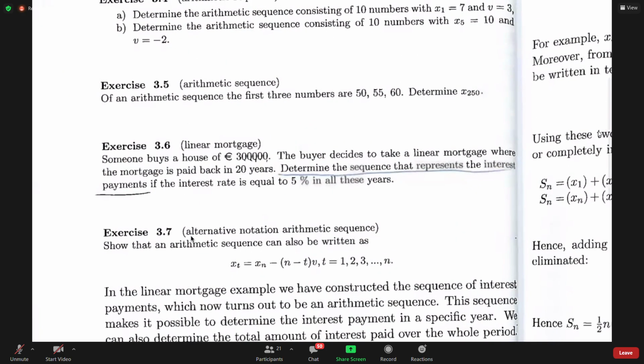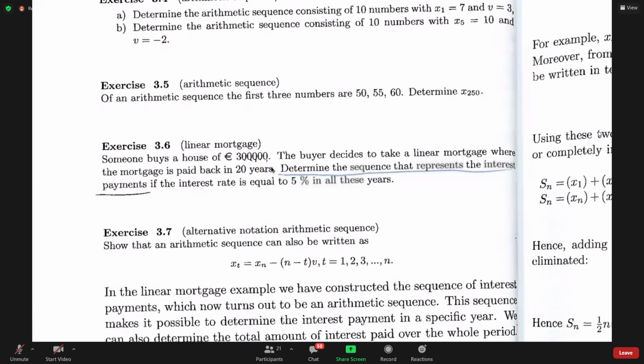This exercise right here. We are told that someone buys a house for 300,000 euros. The buyer decides to take a linear mortgage where the mortgage is paid back in 20 years. A linear mortgage means that the person who buys the house has to pay back each year the value of the debt divided by how many years they have to pay for the debt.